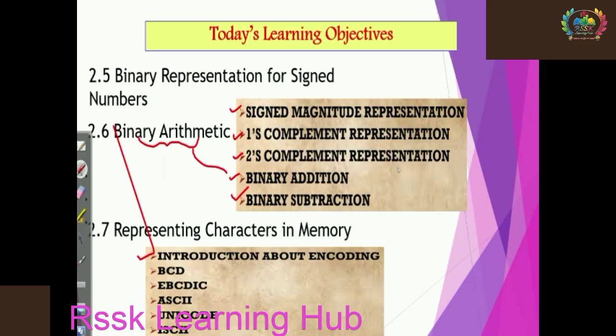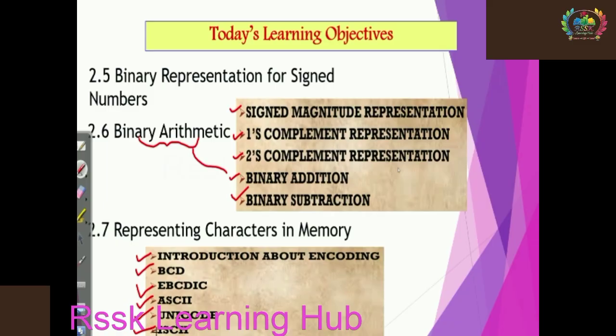Then ASCII code, Unicode, then ISCII. These are all the things for representing characters in memory. We will see briefly what they are. BCD stands for binary coded decimal. Then EBCDIC stands for extended binary coded decimal interchange code.